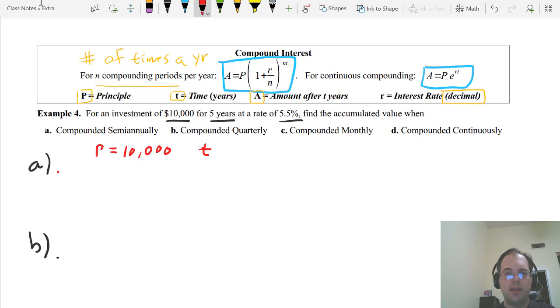I said t is 5 years, so t is 5. And for the interest rate, I've got to change the 5.5% over into a decimal. Recall how we do that: shift the decimal point over to the left 2 spaces. So the interest rate in decimal is 0.055.